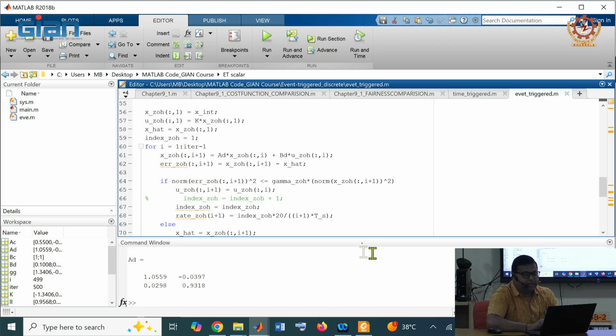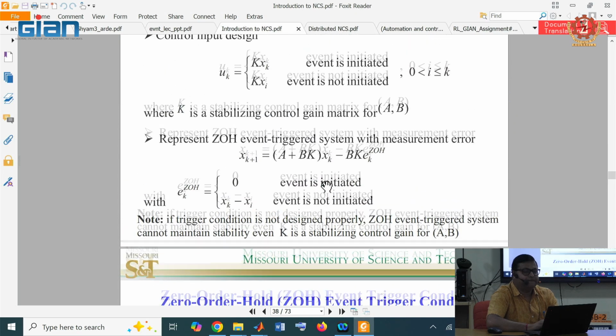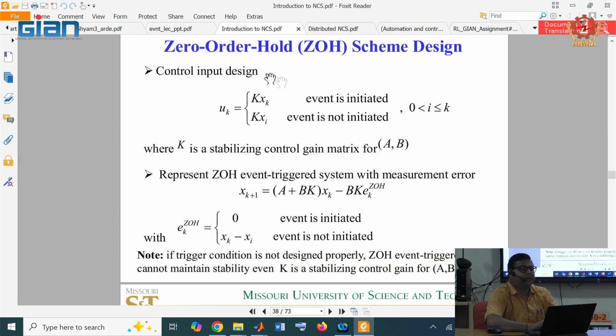You will find that here there is a strategy to apply the control. This is the way you will apply control: uk equal to K into xk when the event is initiated, and uk equal to K into x of ti when the event is not initiated. What is the meaning of event initiated and not initiated?